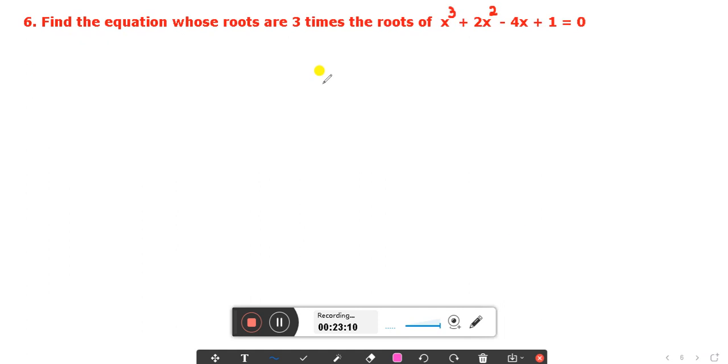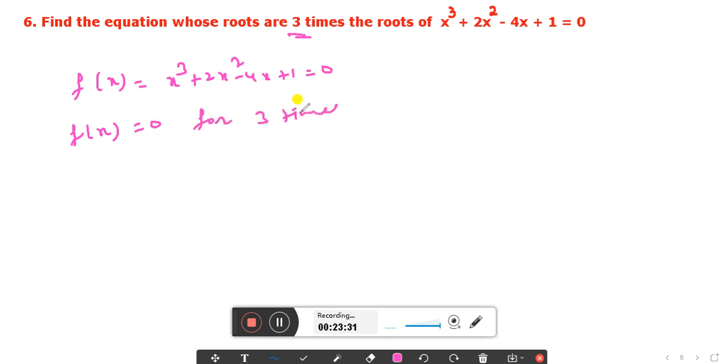And next, we have to write 3 times the roots. We take the given polynomial equation f of x equals x cube plus 2x square minus 4x plus 1 equals 0. For 3 times roots, the equation is f of x by 3 equals 0.